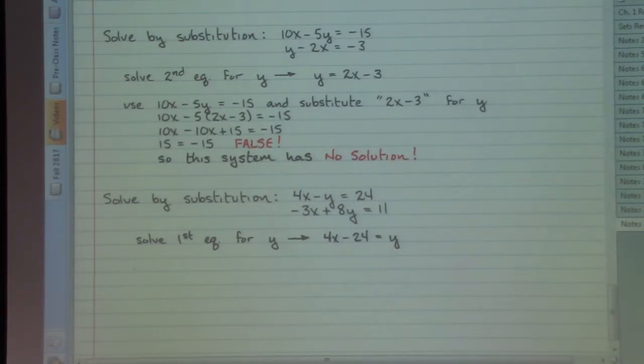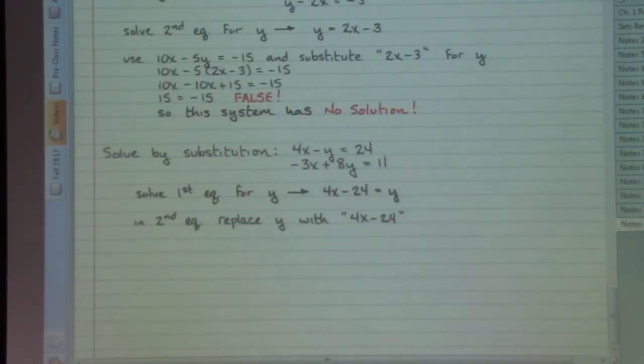So, in the second equation, replace y with the 4x minus 24. So we'll take that second equation, which starts with negative 3x plus 8y equals 11.